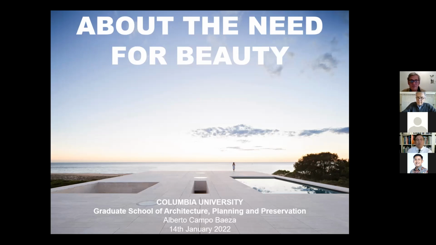This is the most beautiful labor all over the world. I am convinced, and I'm sure that Rick is convinced also, and Lorenzo and Fernando also. Lorenzo was one of my best students, and I am very proud to be here today. And about the need for beauty in Columbia University.